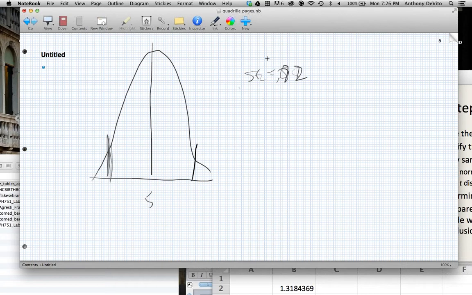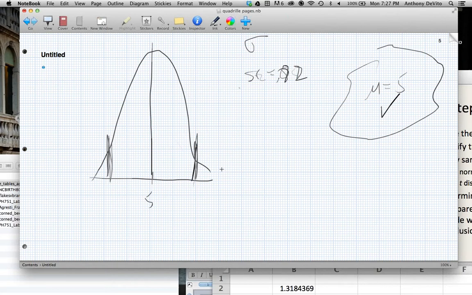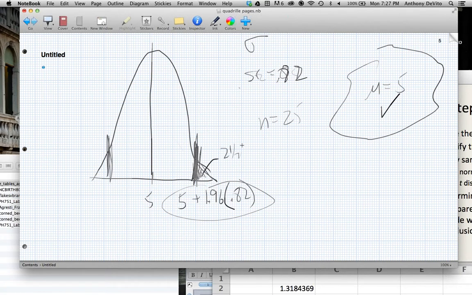Well, if we knew sigma, we would say that if this population really had a mean of 5, if the null hypothesis is true, the chances of my getting a mean for a sample of size 25 bigger than 5 plus 1.96 times my standard error, 0.82, in other words, basically bigger than around 7, is only 2.5% or less.